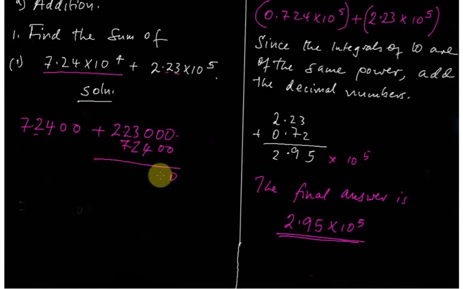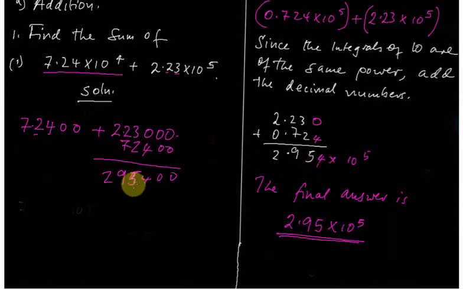If you add, you have 295,... wait, we forgot to write the 4 here. I just added the 0.2 and didn't write 4 here. You see, there is no 4 here. It was supposed to be 4 there.